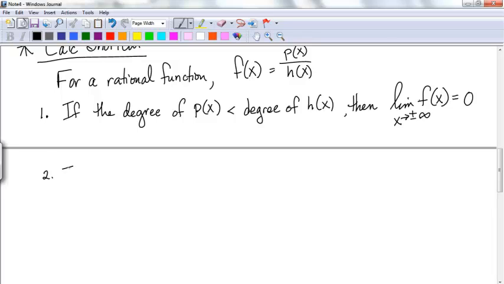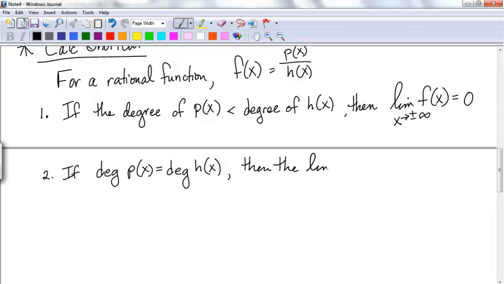Okay, the second one. If the degree, and you can abbreviate it, degree of p of x equals the degree of h of x, if their degrees are the same, and you're looking at their exponents when you're talking the degrees, then the limit of f of x as x approaches positive or negative infinity equals some constant.